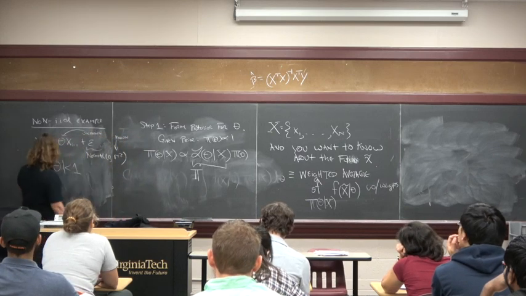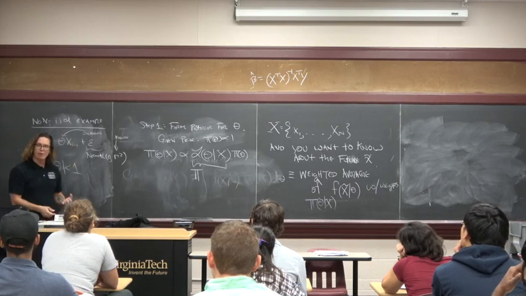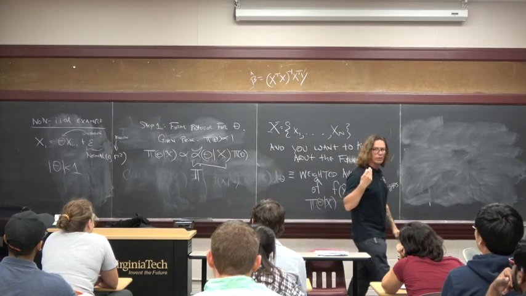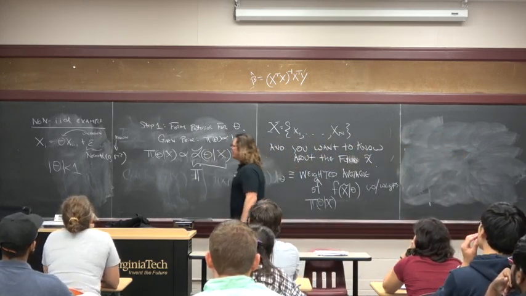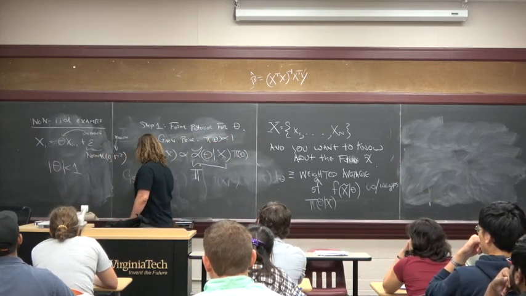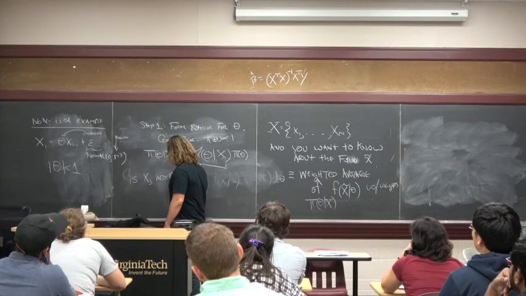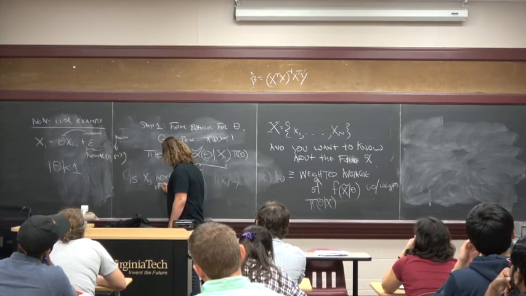So let me ask a question. Is this x_i independent of that x_{i-1}? It depends on how I phrase that question. You guys are right that absolutely they depend on each other, so marginally they depend. But let me ask this question. Is x3 independent of x1?